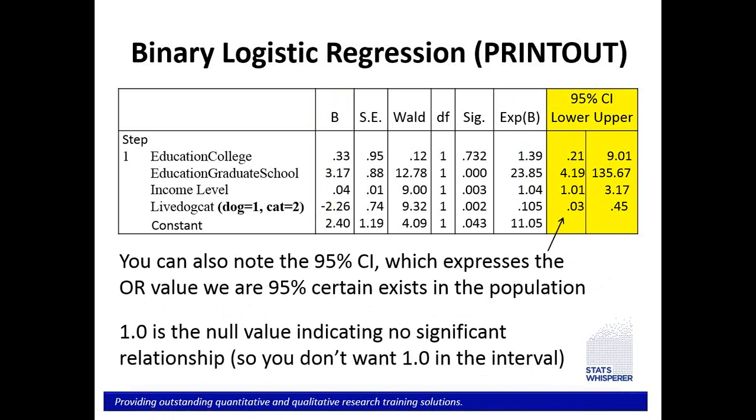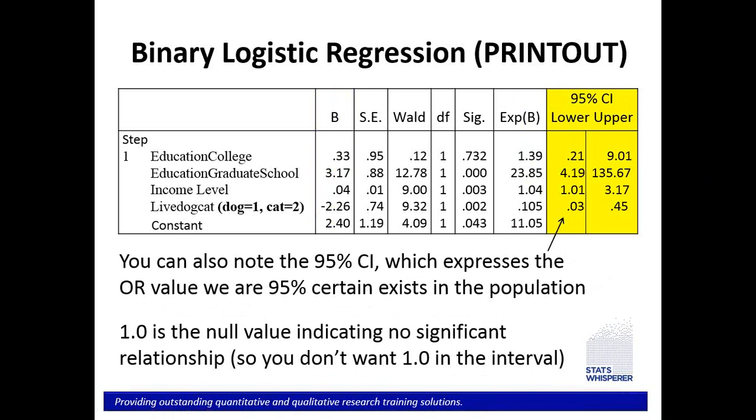The 95% confidence interval is saying that it could be in the population as low as 4.19, which is a medium effect size, all the way up to 135.67. So that's a huge spread, which presents a less stable relationship. It's not our fault. It's a limitation of small sample size.